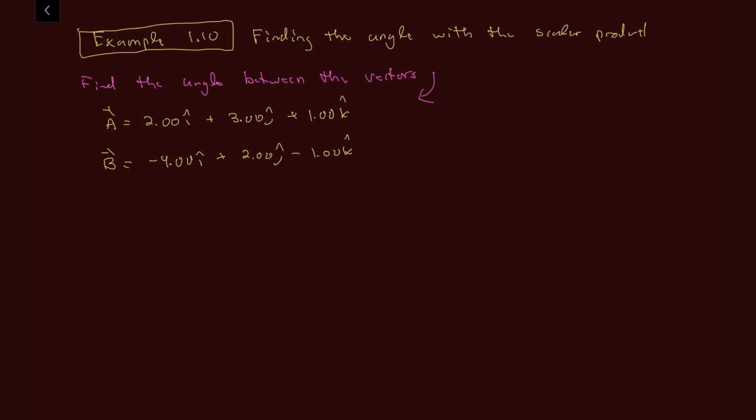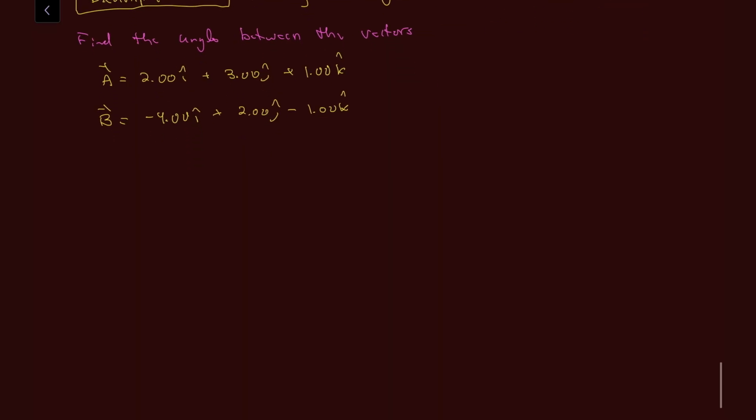Now, it laid out our vectors in component form, which means we're most likely going to need to do component multiplication. Okay, so let's remember our two formulas. A dot B is equal to AX BX plus AY BY plus AZ BZ, and A dot B is equal to the magnitude of A times the magnitude of B cosine of the angle between them.